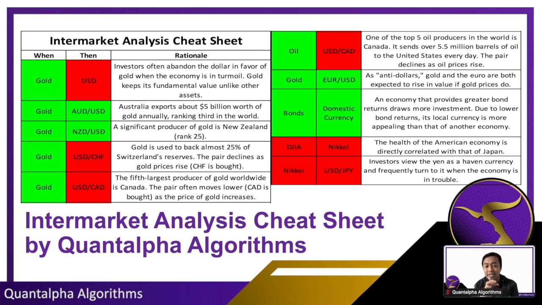Investors view the yen as a safe haven, just like gold and just like the USD somehow, and frequently turn to it when the economy is in trouble. Meaning to say, if the Japanese economy is in trouble, is going down, the Japanese yen actually goes higher. Yes, that's the rationale behind it.